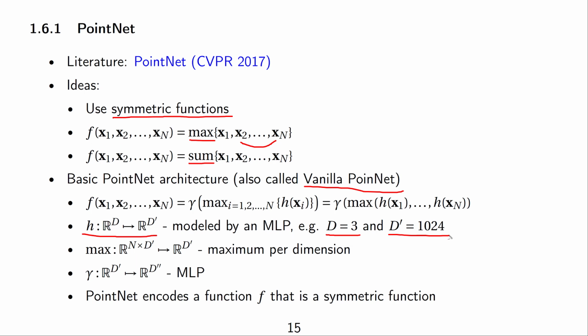This function h takes a single point as input and outputs a feature for this point that has 1024 dimensions. And this function is modeled by a multi-layer perceptron, a network with linear layers.